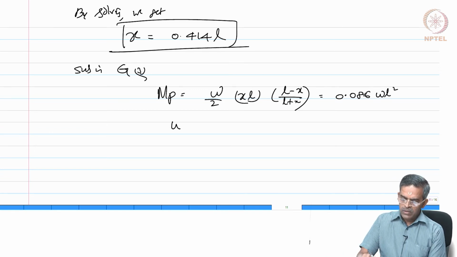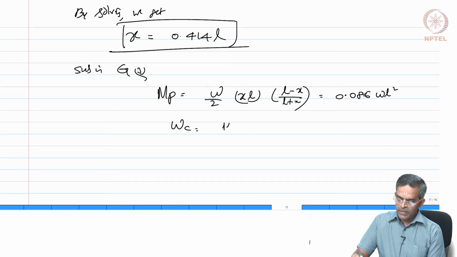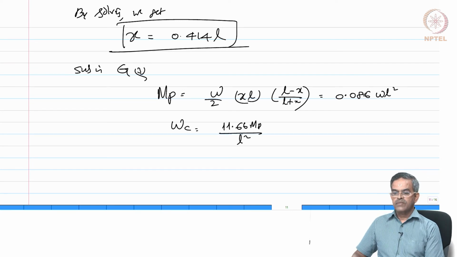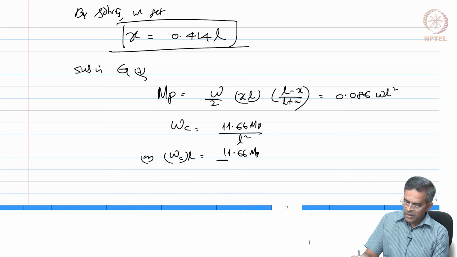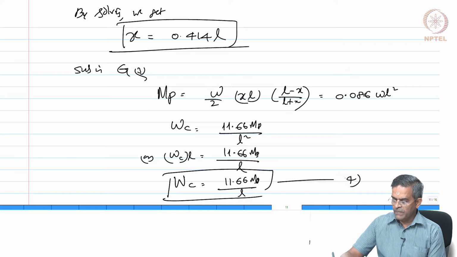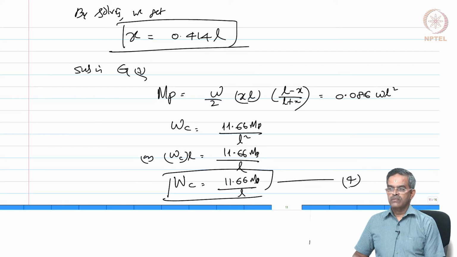So, therefore, WC is now going to be 11.66 MP by L square, or WC into L will be 11.66 MP by L, where I can say capital WC is 11.66 MP by L. So, friends, you can see the procedure of finding out collapse load.